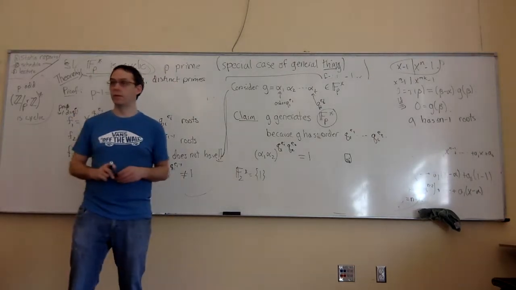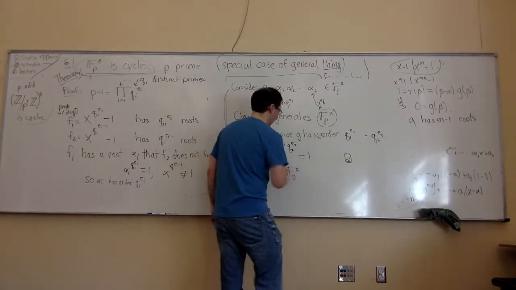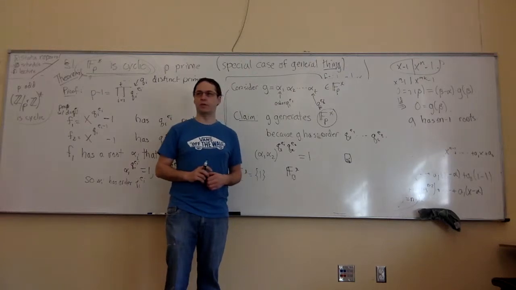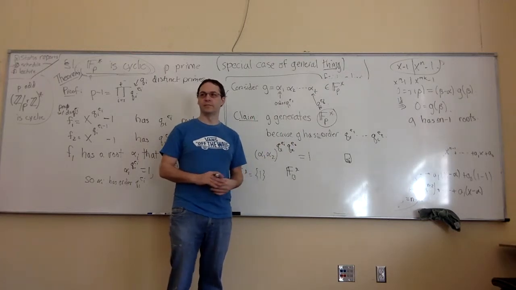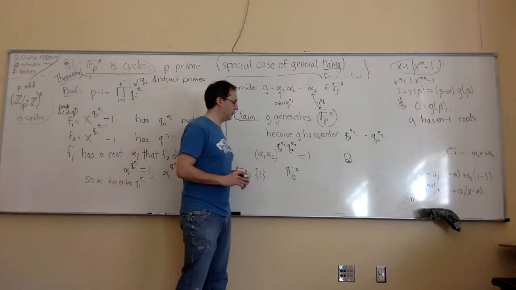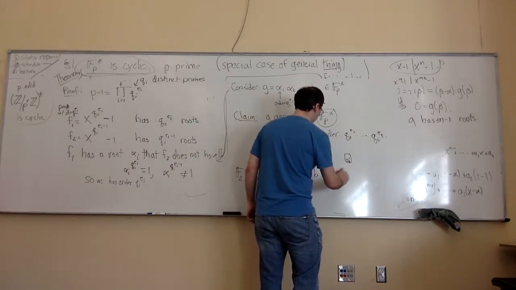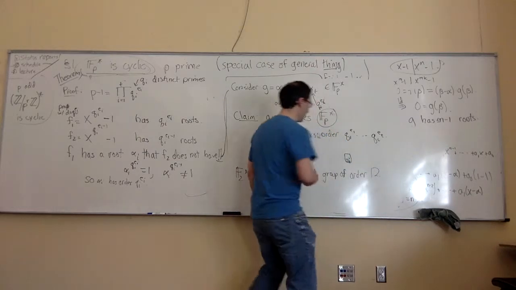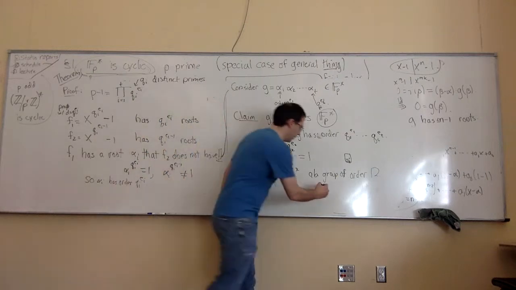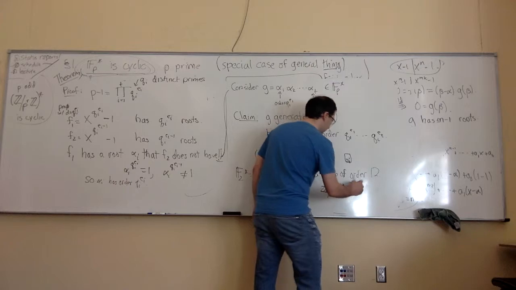13 will do. So F13 star is an abelian group of order 12. So it's a miracle that there's one element in there that generates the whole thing. It's not just guaranteed by it being an abelian group of order 12. There are all kinds of abelian groups of order 12 that are not cyclic, like Z mod 2Z direct sum Z mod 6Z.